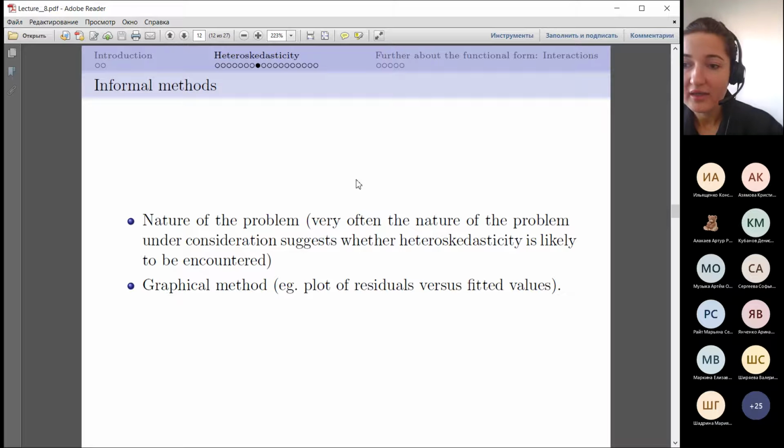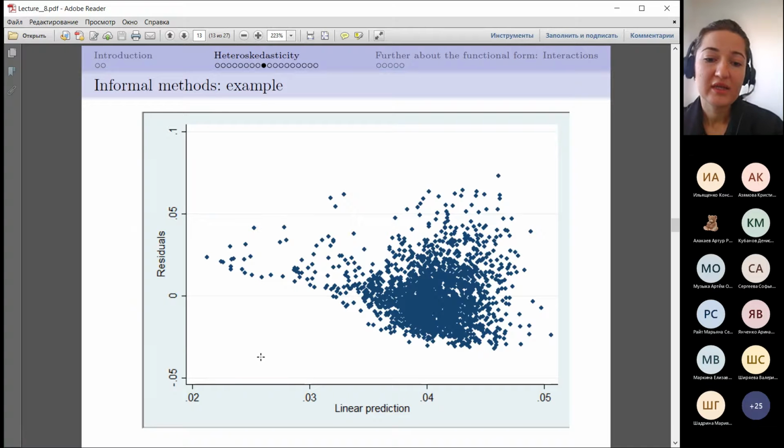The idea behind the graphical method is to find whether the estimated mean value of your dependent variable is systematically related to the residuals, in some cases to the squared residuals. It depends on the graph that you use.